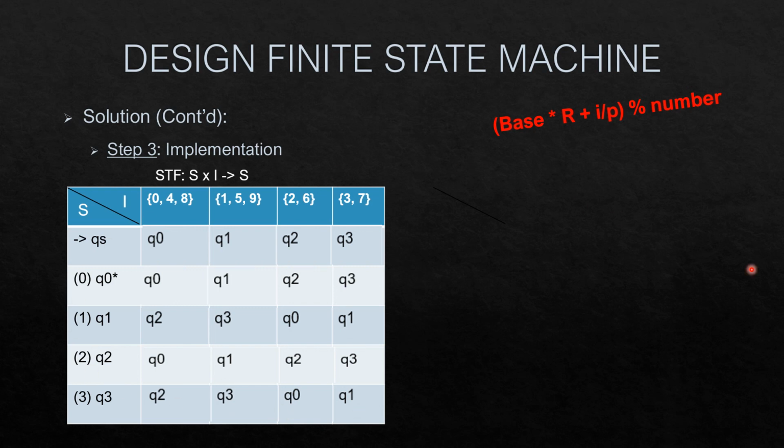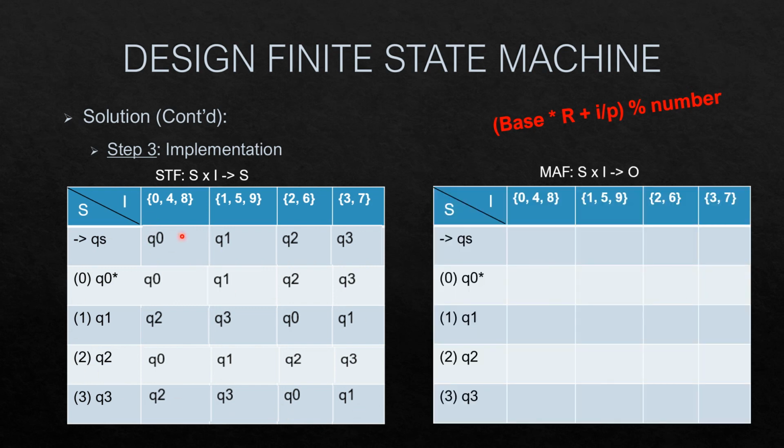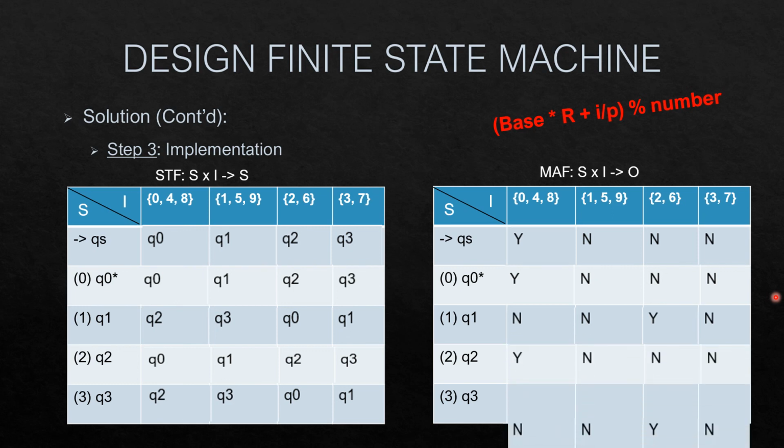Again, in the MAF table, wherever Q0 is appearing in the STF table, we will write Y, and for the rest, Q1 to Q3, we will mention N, that is no, the number is not divisible by 4. I hope this is somewhat better to understand since we have already solved one example based on a similar concept.